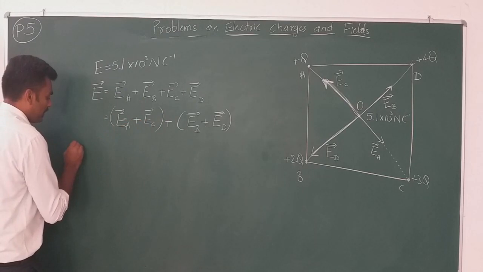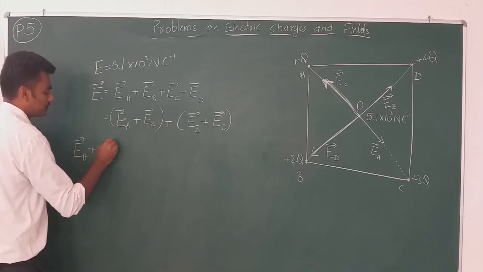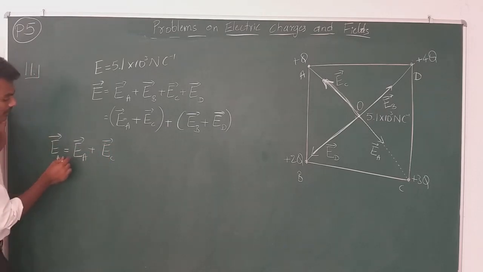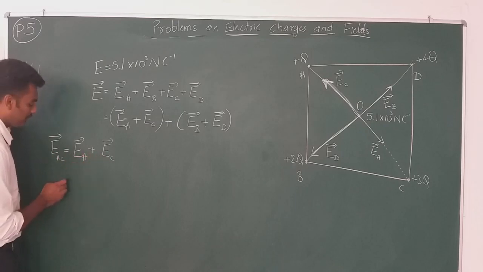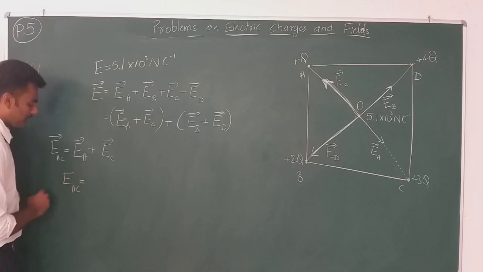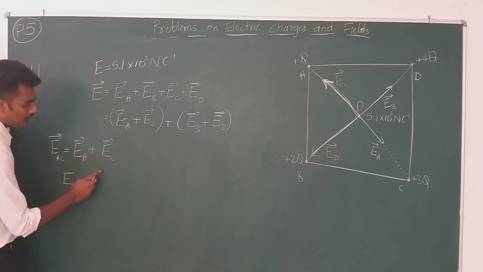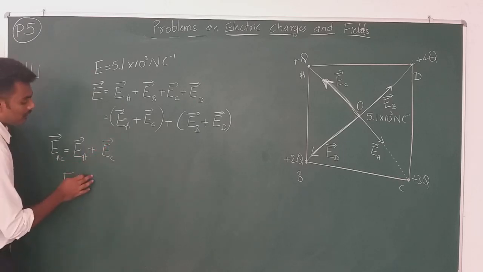When I go to find EA plus EC, let me call the resultant as EAC. I am only concerned about the magnitude of this EAC, which is equal to EA minus EC, or whichever is the larger electric field.